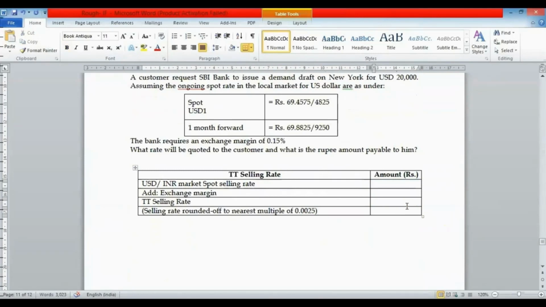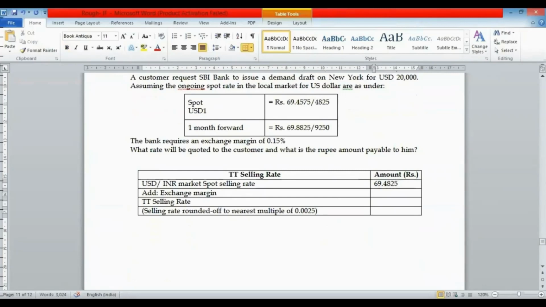Here, USD/INR market spot selling rate. So for the market spot rate, I already told you, before the hyphen is the buying rate and after the hyphen is the selling rate. So the selling rate will be shown here as 69.4825.